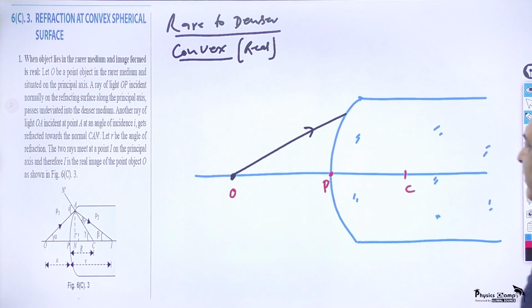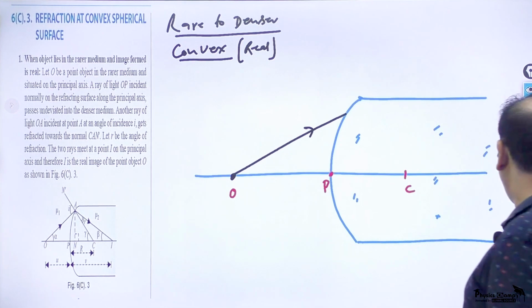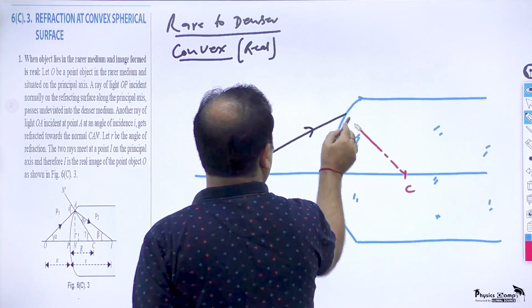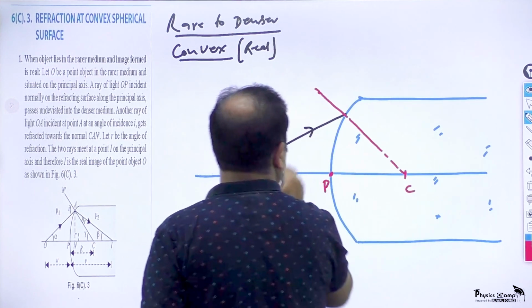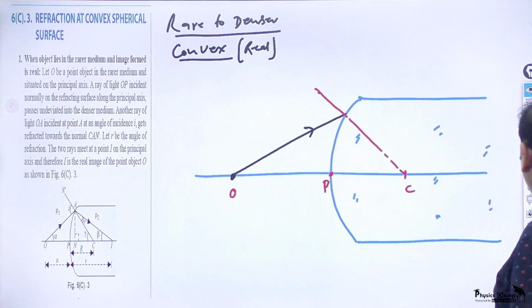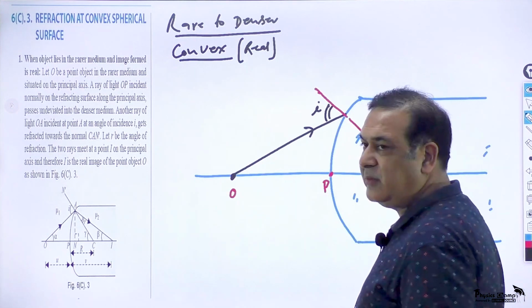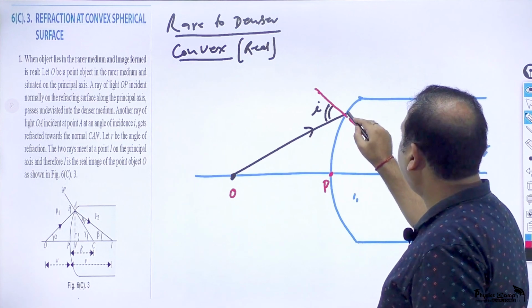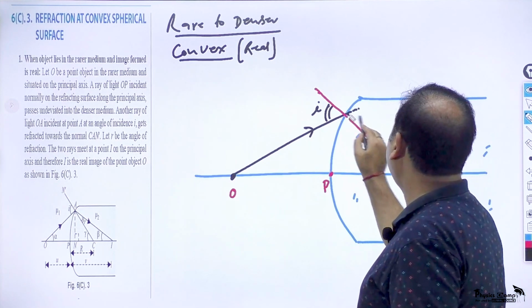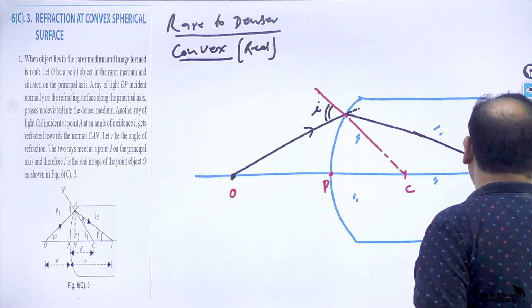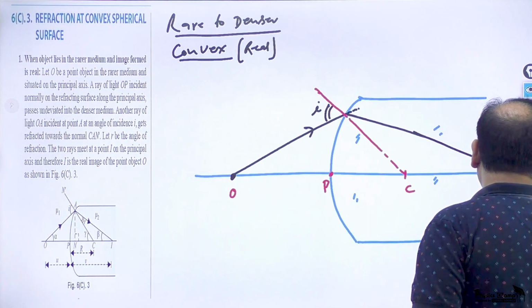I want to know where will it go afterward. So we draw a normal from the center of curvature. Any line which is from the center of curvature is normal, and this is going to be an angle I, angle of incidence. Now this beam otherwise would have gone here, but it will bend towards the normal, and thus it forms an image, say at I.